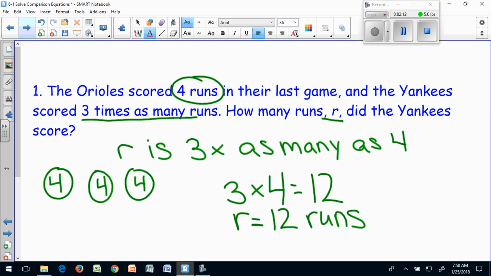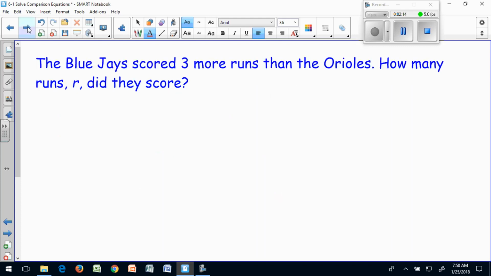Now let's look at number 2, which is a little bit different. The Blue Jays scored 3 more runs than the Orioles. How many runs did they score? So from the last problem, I know the Orioles scored 4 runs, and the Blue Jays scored 3 more. It does not say 3 times more. It just says 3 more.